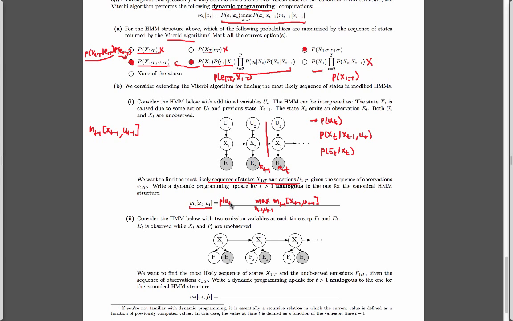Next, let's look at the transition. This depends on the value of x_{t-1}, so we need to put it inside our maximum. So we get the probability of x_t given x_{t-1} and u_t. Then finally, we also have our emission model, which is how we incorporate our observations into this update. Because e_t, given your current state x_t, doesn't depend on the previous state or the previous action, we can put that outside the max. So we have e_t given x_t.